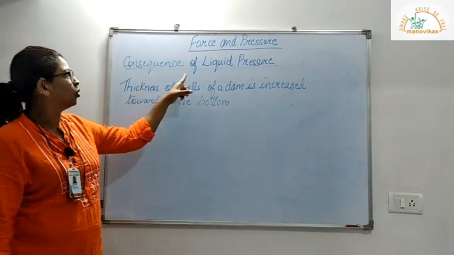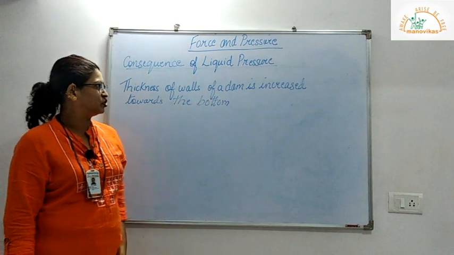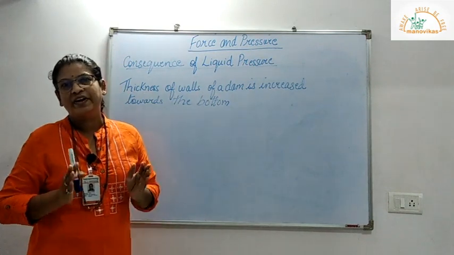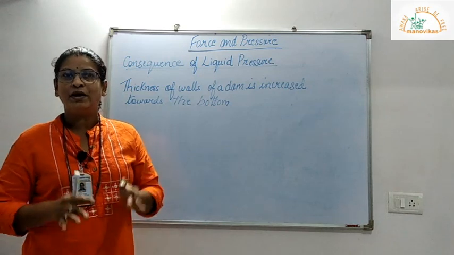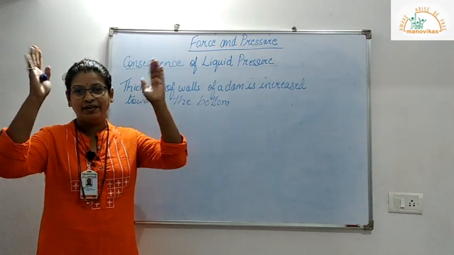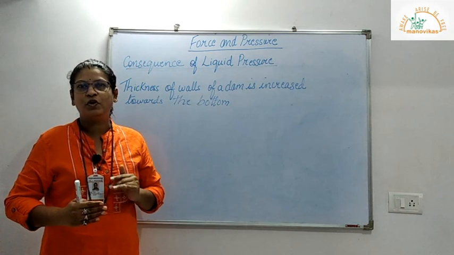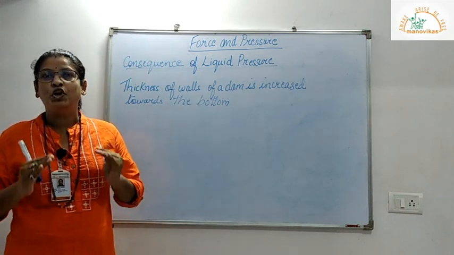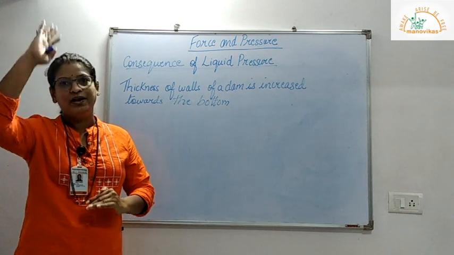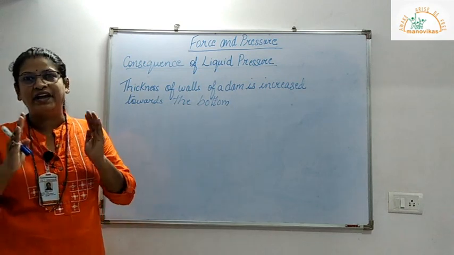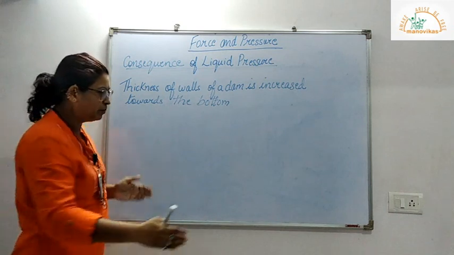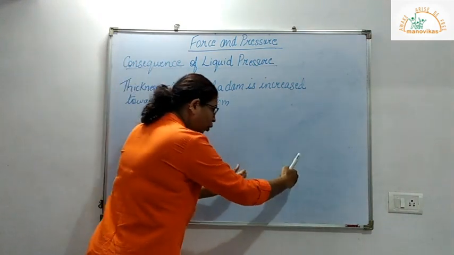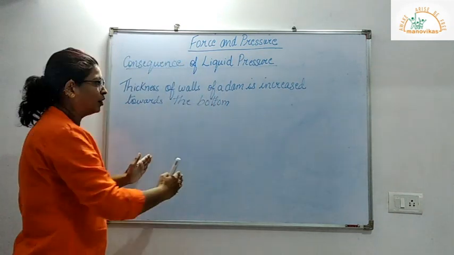Now we see the consequences of liquid pressure. You know that the thickness of the walls of the dam at the bottom is broader than that at the top. This is to withstand the pressure of the height of the liquid column. Usually dams are built broader at the bottom and narrow at the top.